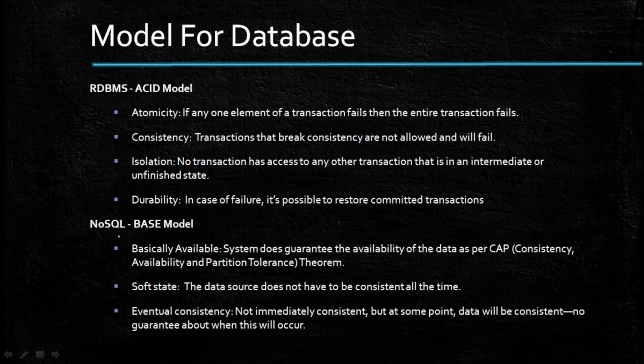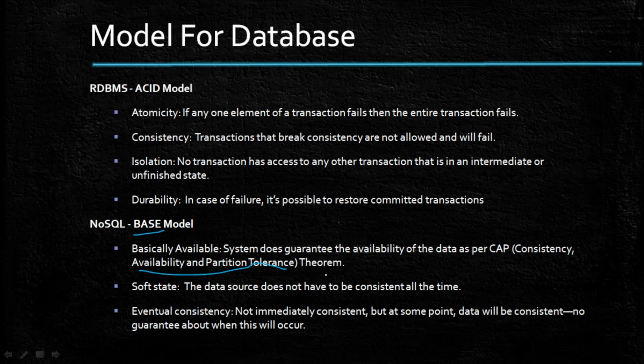Now we will discuss the NoSQL BASE model. Basically available: the system does guarantee the availability of data as per the CAP theorem. The CAP theorem is the consistency, availability and partition tolerance theorem. Now we will understand this theorem. Consistency means that nodes will have the same copy of replicated data item visible for various transactions.